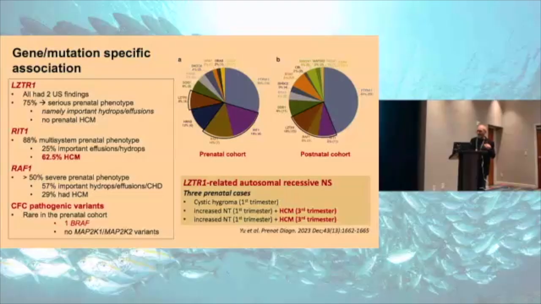We only observed 1 BRAF mutation, so very few mutations associated with CFC. There is a more recent paper that described, however, 3 cases with recessive Noonan syndrome, and 2 of whom had hypertrophic cardiomyopathies in the 3rd trimester.